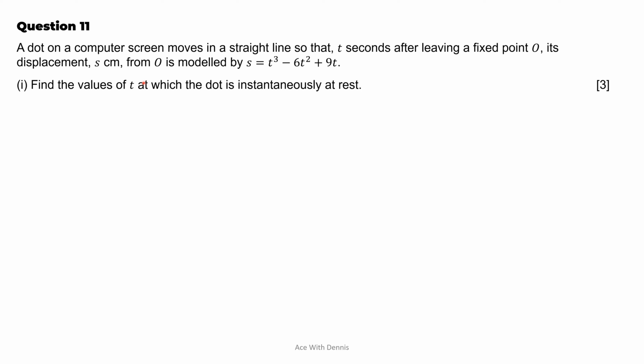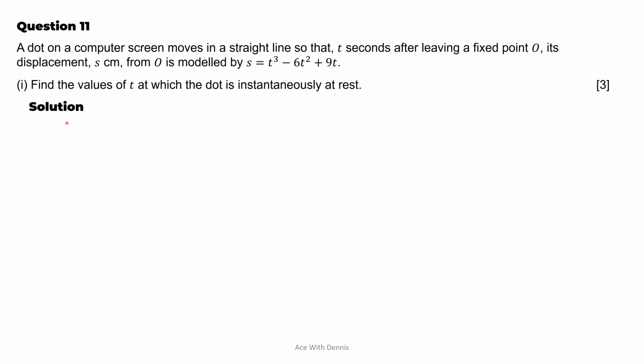Find the values of t at which the dot is instantaneously at rest. 3 marks. When you read this question carefully, you'll find that the question mentions the values of t. So it is in the plural form. Then you should expect that you will get at least 2 or more answers for the value of t.